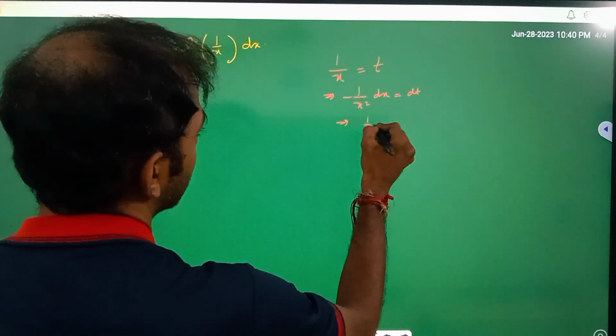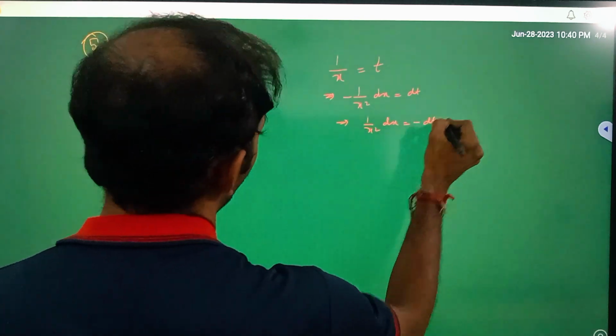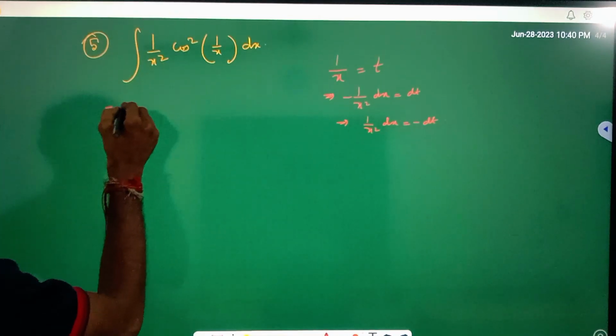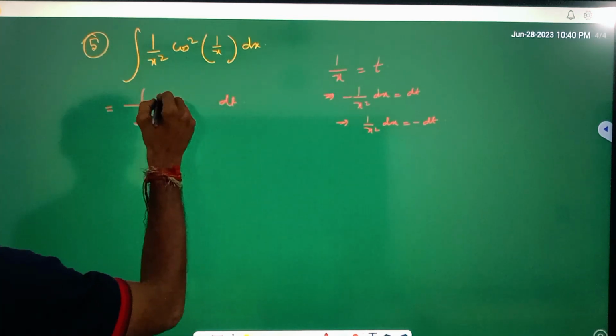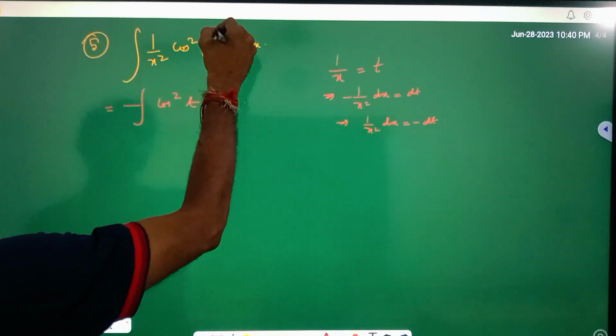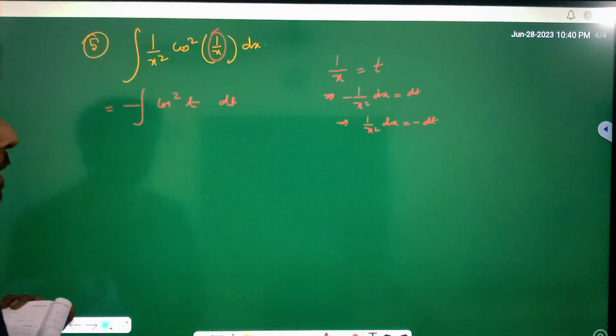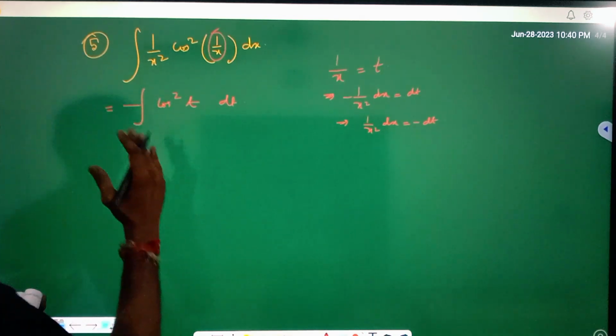So 1 by x square dx will be minus of dt. Okay, we'll write it here. And the remaining part will be cos square t, right? Because we have considered 1 by x as t. So that will be minus of integration cos square t dt.